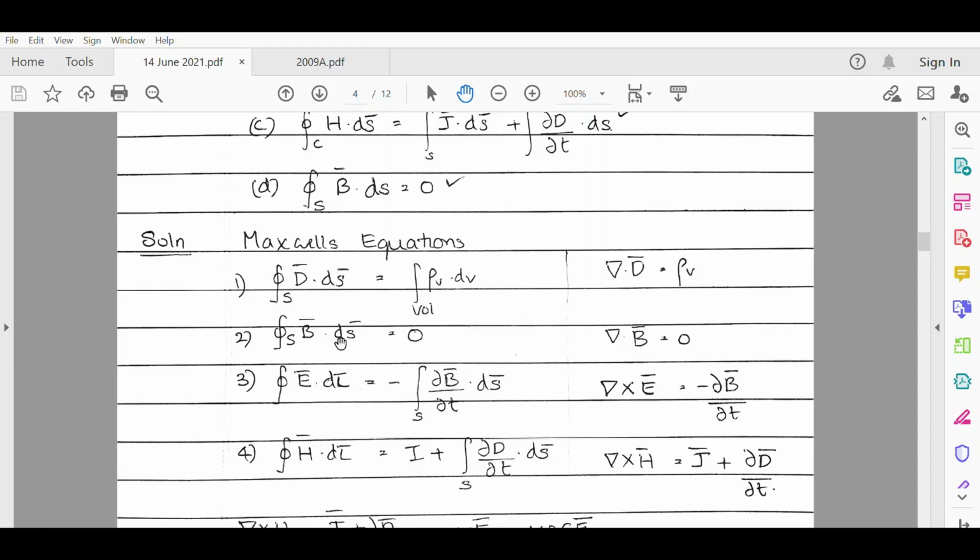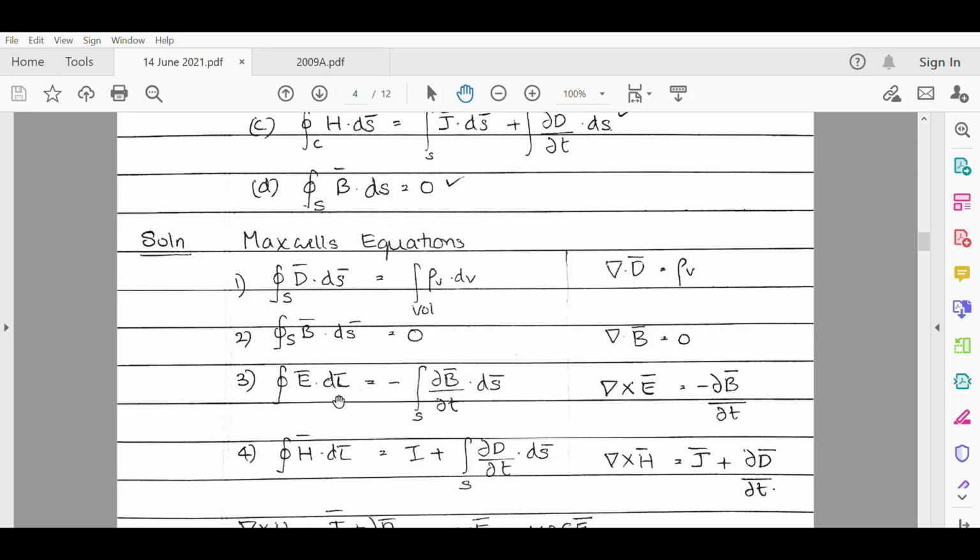Now the second Maxwell's equation states that the surface integral of the magnetic flux density is equal to 0, and in point form the divergence of magnetic flux density is equal to 0.